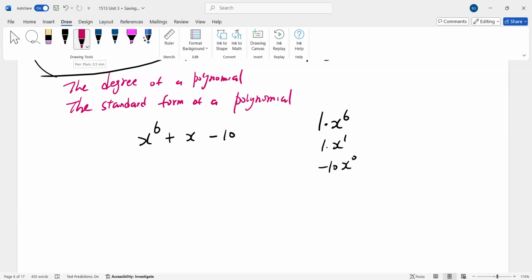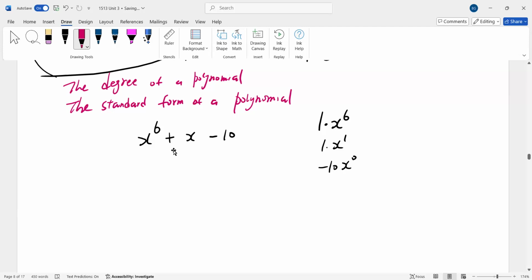We know the degree of a monomial, right? If we have a bunch of monomials added together, we got a polynomial. Then what's the degree of the polynomial? The degree of the polynomial is the highest degree on the shoulder of x.